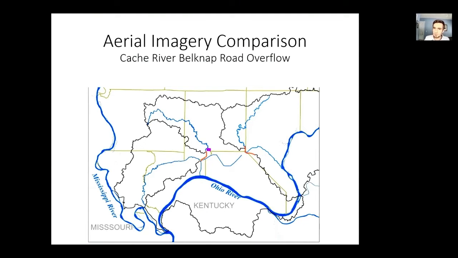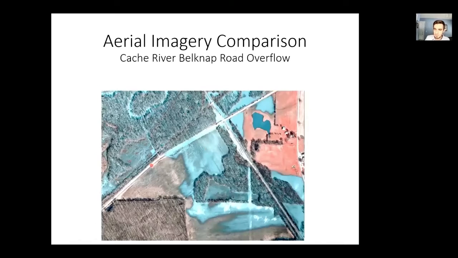And then I mentioned we had aerial flood imagery that we could compare to our 2D model results. And so we're going to look at a few of these areas for comparison purposes. The first area that we're going to look at is the Cache River Belknap Road overflow, which is just northwest or northeast of the Karnak levee here. So what we're looking at is the flood aerial imagery.